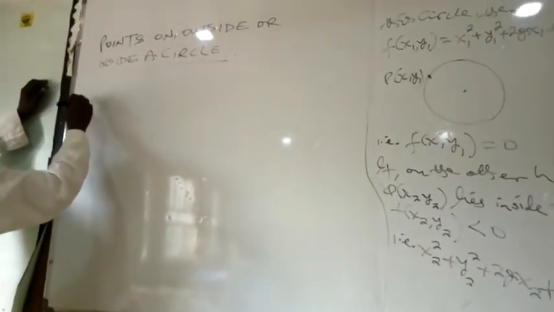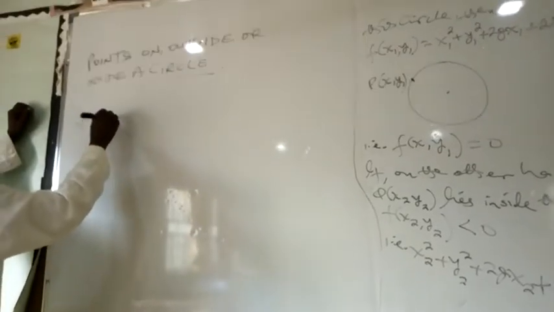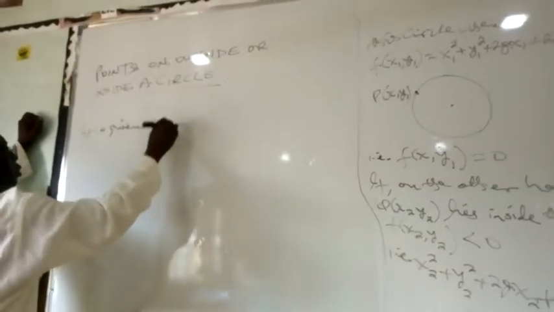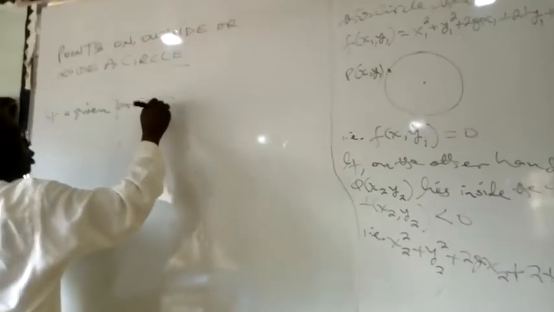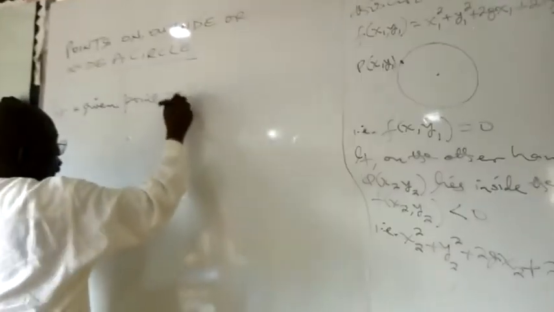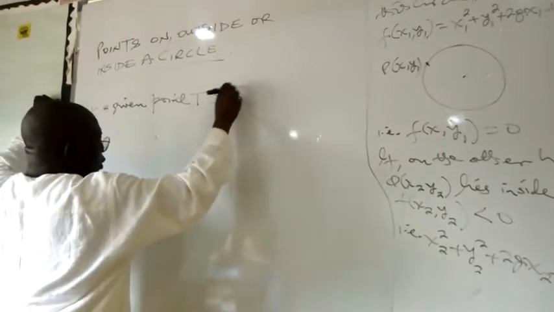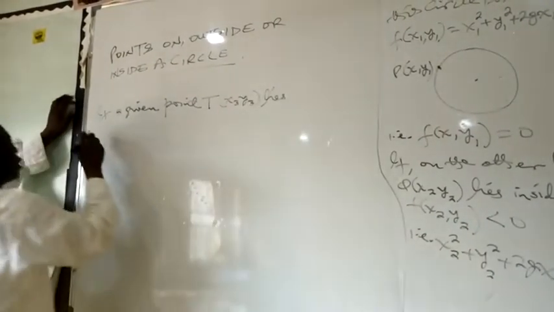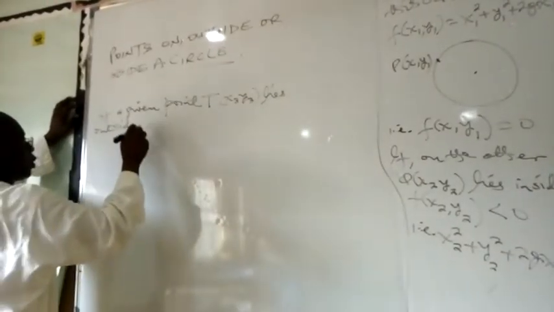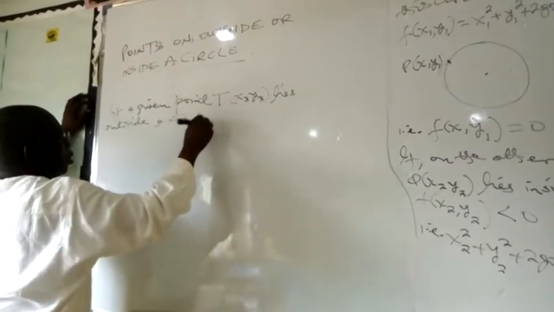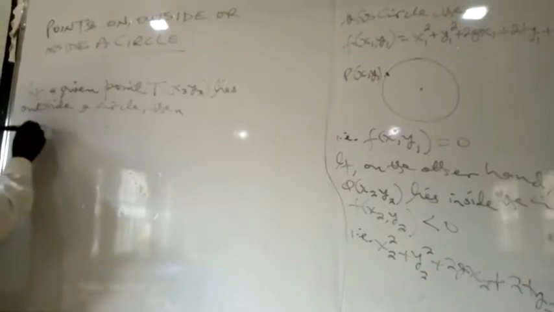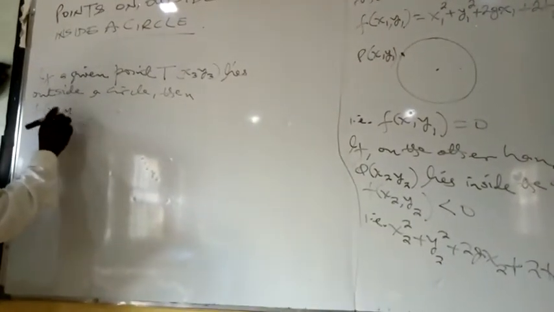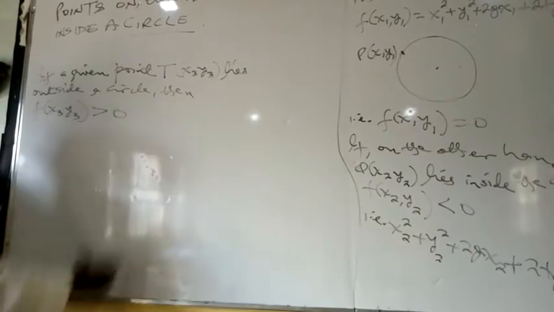If a given point T, whose coordinates are x3, y3, lies outside a circle, then f of x3, y3 is greater than 0.